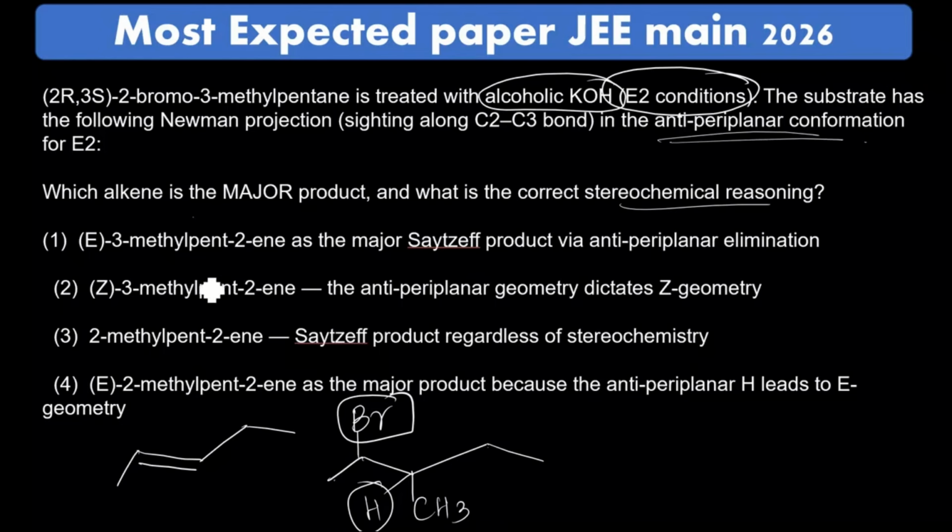Right, so which should be our answer? Option 1 says E and option 4 says E. Option 1 says major product via anti-periplanar elimination, and option 4 says major product because anti-periplanar H leads to E geometry. Okay, so which one would be our answer, which is the closest?